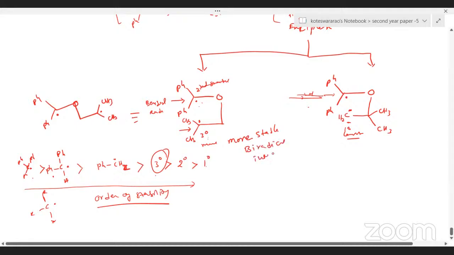Intermediate. This is the less stable biradical intermediate.